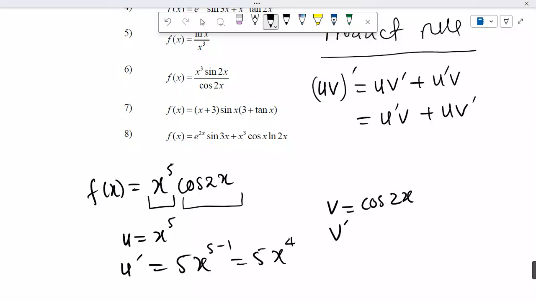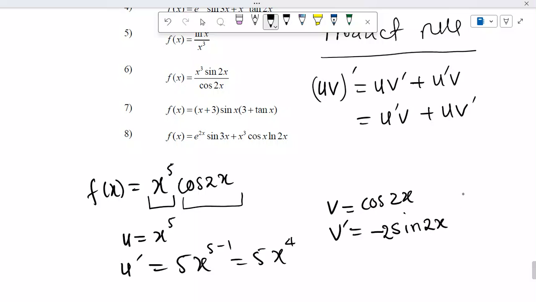So v prime is equal to, what is the derivative of cos? Negative sine, and you just take out the constant here. The coefficient of x is 2, so the coefficient comes here, 2x.